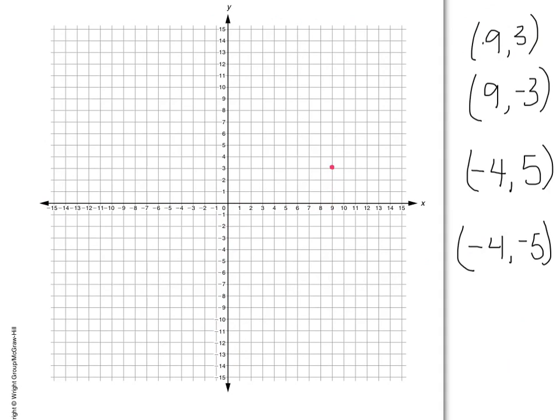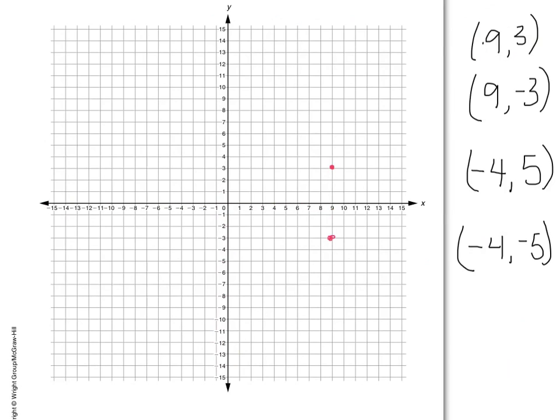Next, 9, negative 3. The first number tells me how far I go right or left. It's positive, so I'm going to go to the right 9. And then the second number is negative, so I'm going to go down 3. So 9, negative 3 is right here. Look, those two are exactly opposite from one another. One is up 3, the other one is down 3.